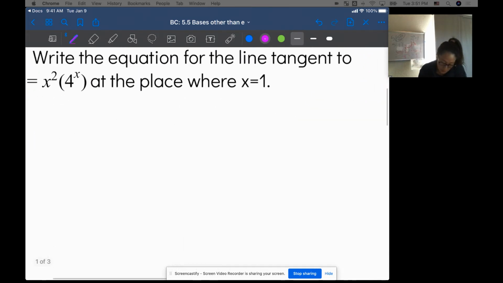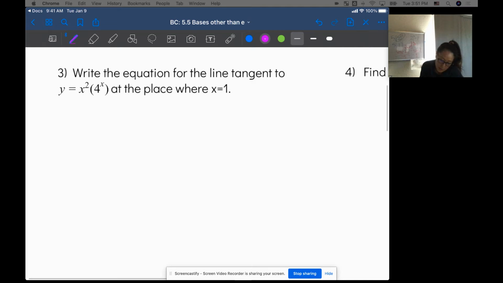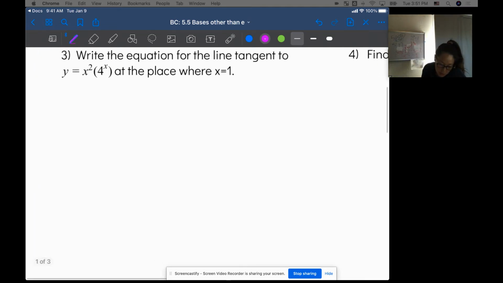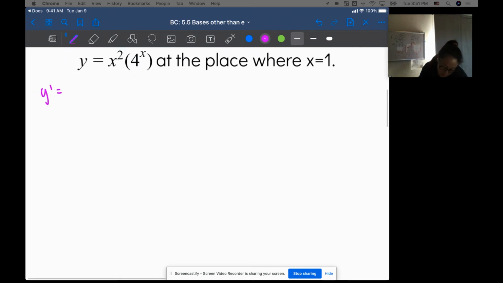All right, next one. Let's write the equation of a tangent line to y equals x squared times 4 to the x at x equals 1. So we need to find the derivative. y prime is equal to left, x squared, d right.